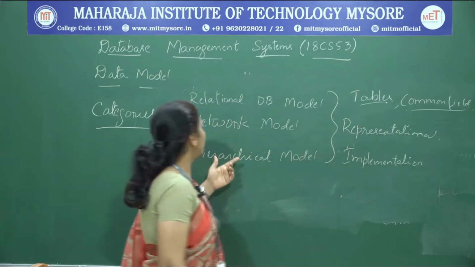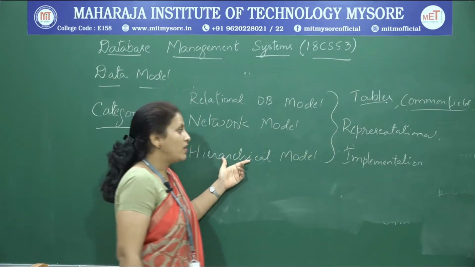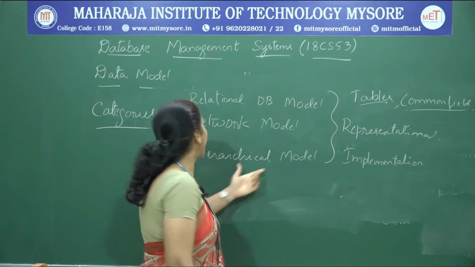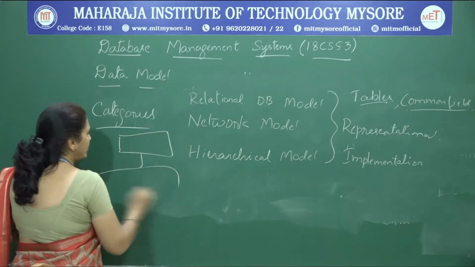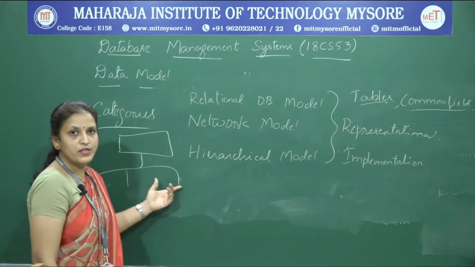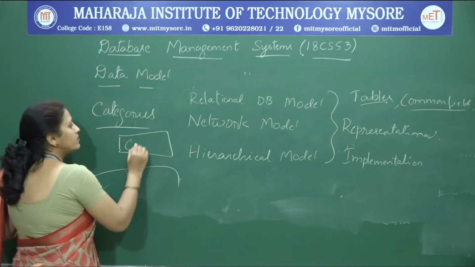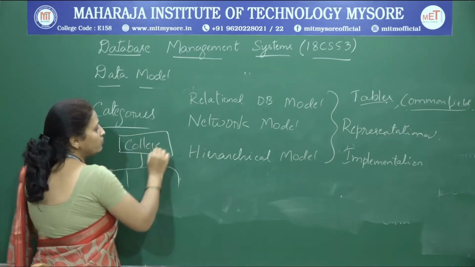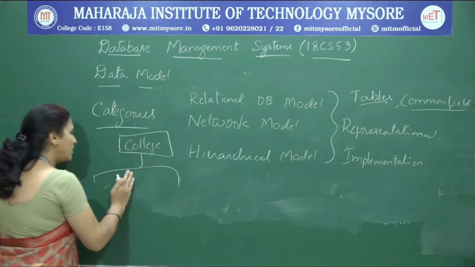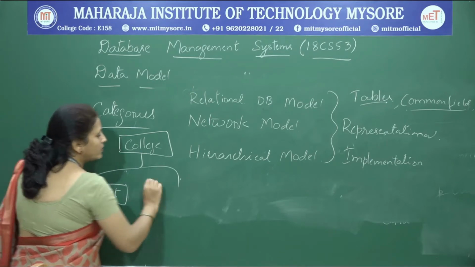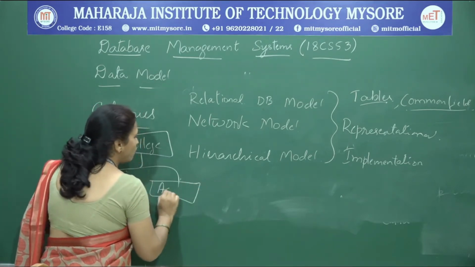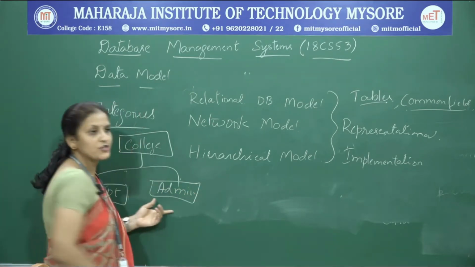Next comes the hierarchical model, wherein it follows a tree-like structure. One parent node will be there, and under that many subnodes will be there. For example, if you consider a college database, under college we have two different things, that is department, and one more is administration related.